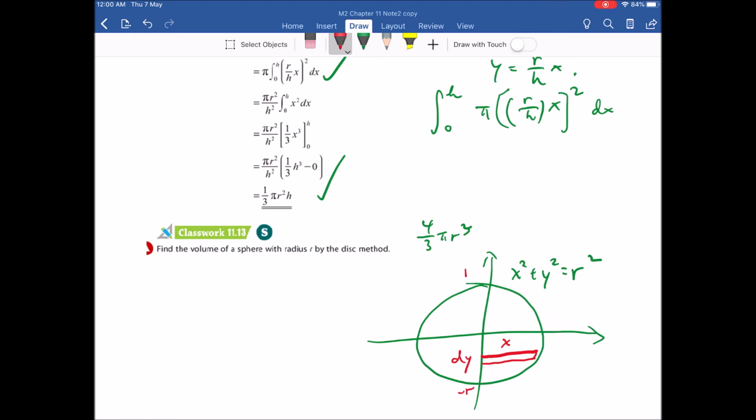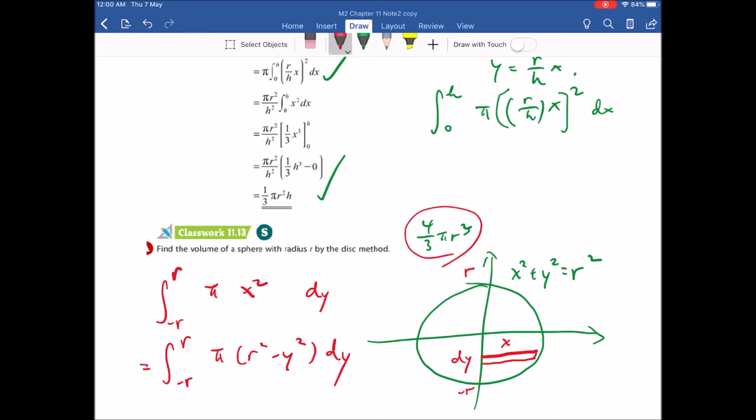The y goes from minus r to r, so you integrate from minus r to r, dy, pi x squared. So it is minus r to r, pi (r squared minus y squared) dy. And then you will get this answer.